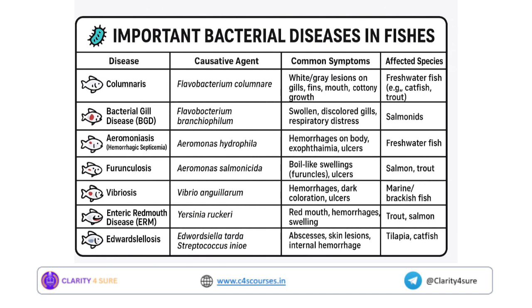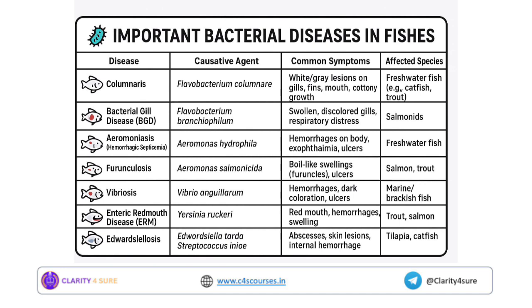The mnemonic you could use to remember this is aero equals air equals pop-eye and bleeding, right? So through aero it will be bleeding, so through that you can remember hemorrhage, right? It's widespread and deadly if untreated. Management includes good hygiene, antibiotics like sulfonamides and stress reduction.